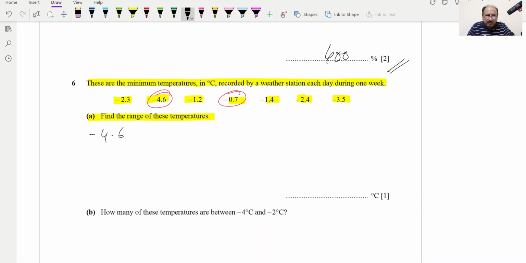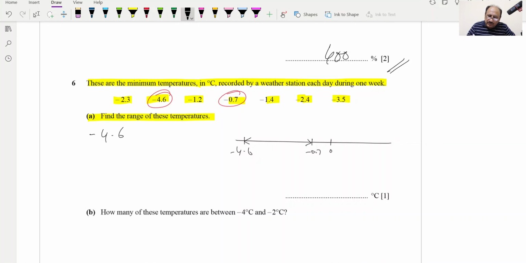And what we can do, we can understand this one by the number line better. So for example, if this is number line and this is 0 and minus 0.7, minus 0.7 is this one, and minus 4.6 is this one. So we need to calculate this gap in between this.